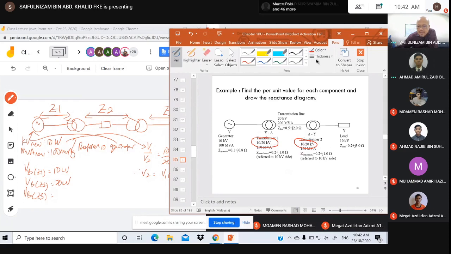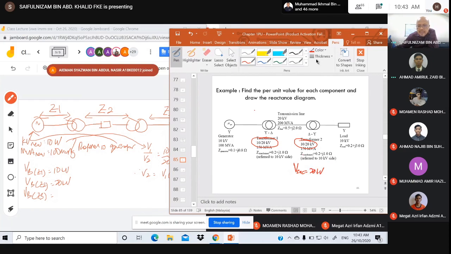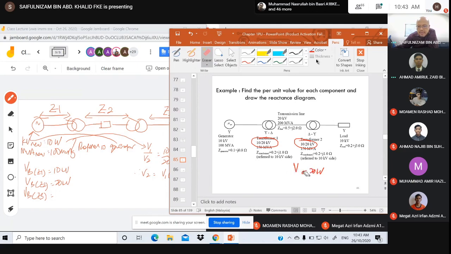Sorry, V primary is 20. V primary, not secondary, right? So V1 equals 20 kV and V2 equals 10 kV.